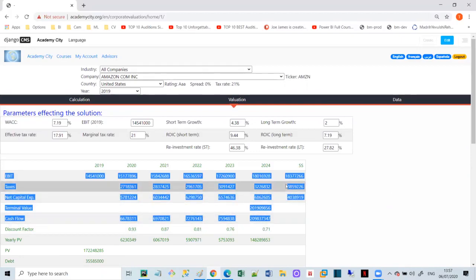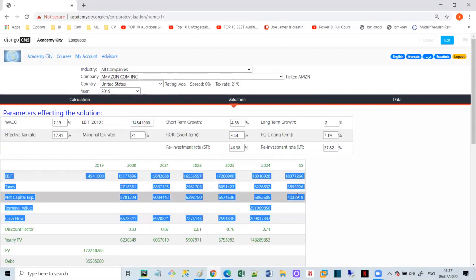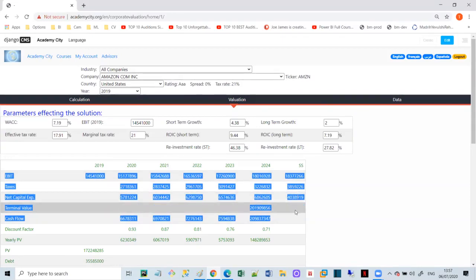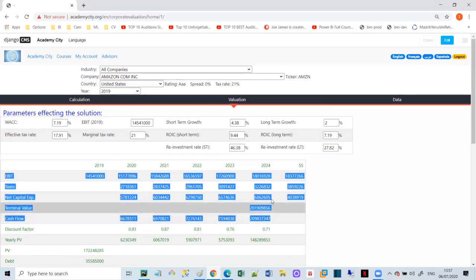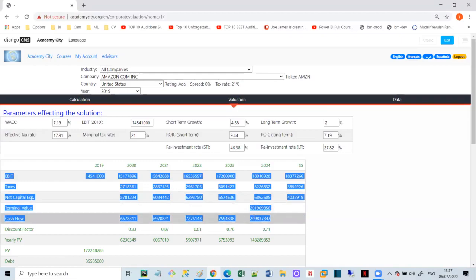So I will do steady state cash flow will be this one. That's the EBIT minus taxes, minus reinvestment of capital expenditures. That will give me a cash flow in the steady state. Here I will take this one away, and this one will be exactly like the other years. This one minus this one minus this one will give me the cash flow of the 5th year.